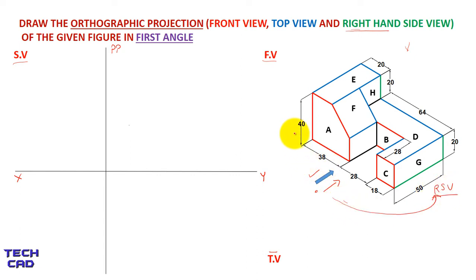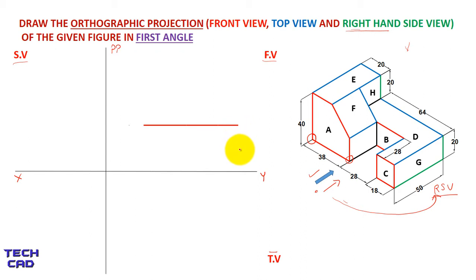So let's start the front view. All dimensions are given. We are going to start making the lines of the front view starting from this particular point. From this point towards this point my dimension is 38, so I make a line of 38. After that 28 towards the right side, so I make a 28, and after that I make an 18 over here.